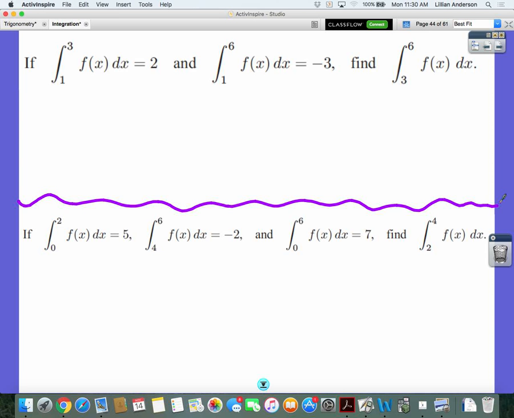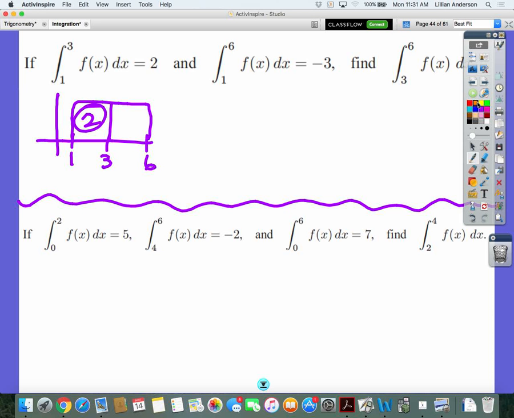Okay, so basically you have part of it, you have the whole thing, and it's asking for that part in between. Visually, it's kind of like this. You have 1, 3, and then 6. Just making up a curve. So 1 to 3, you know that this area is 2. But then from 1 to 6, that area is -3. I know this doesn't represent it accurately, but follow me here.